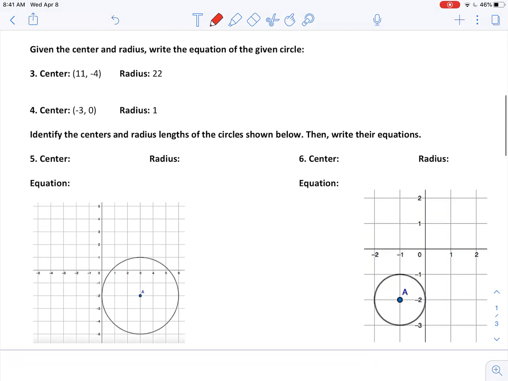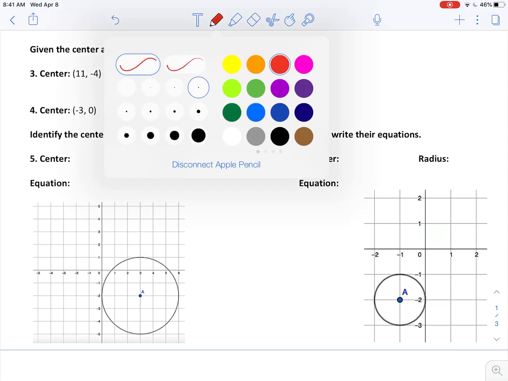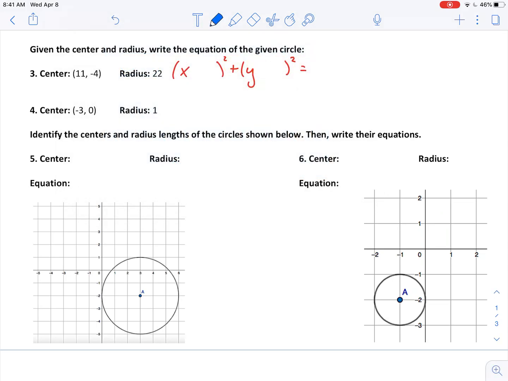All right. And we'll do number 3 together, 3 and 5, and then I'll fill out 4 and 6 and post that on the classroom page as completed notes. So 3, we've got x squared plus y squared equals r squared. And what we're going to do here is fill out the rest of this.